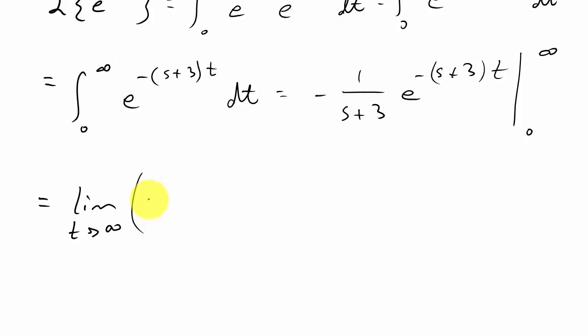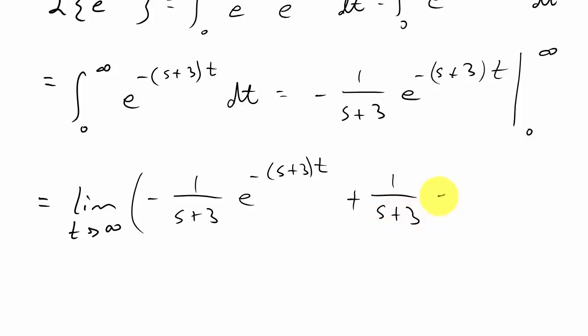That's going to be negative 1 over s plus 3 times e to the negative s plus 3 times t, minus this thing when we plug 0 in. Since this is negative, that's going to make it positive, and that's going to be 1 over s plus 3 times e to the negative s plus 3 times t. Okay, put my parenthesis there.